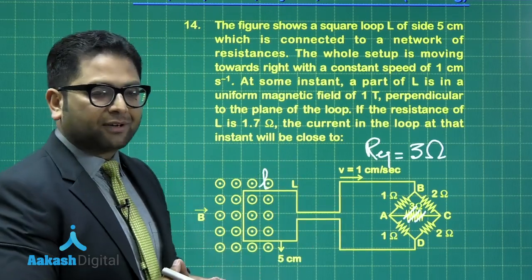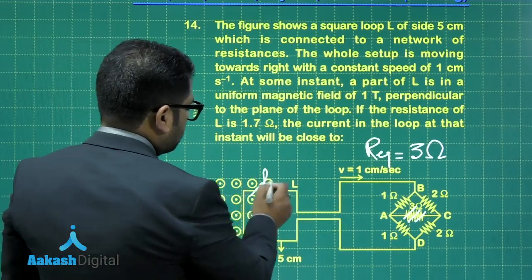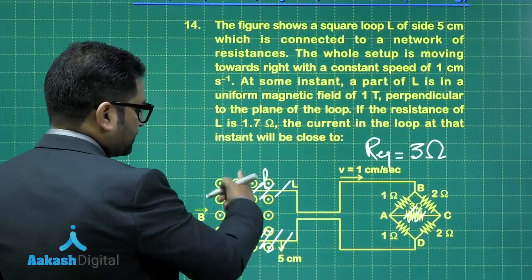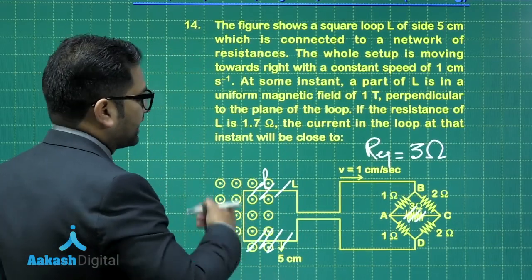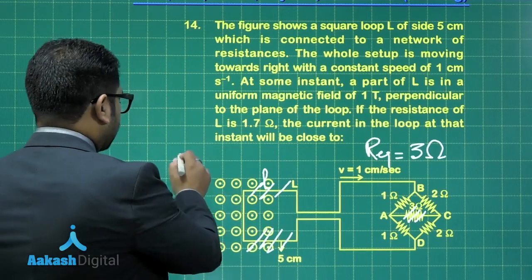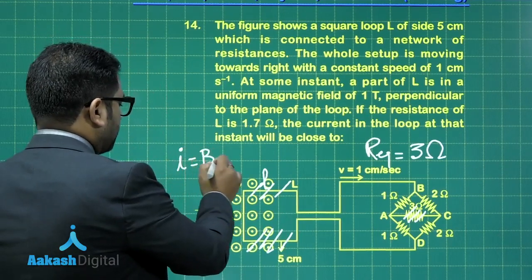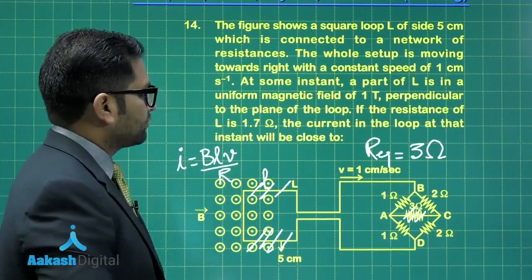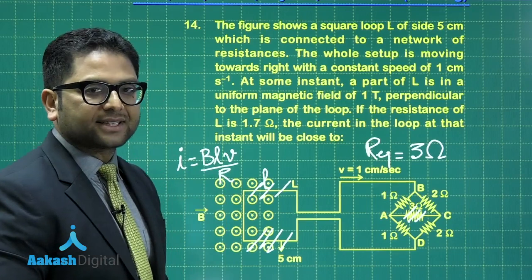And with the concept of motional EMF, this one is not producing any EMF, neither is this. It's only this which is producing the EMF, and that is BLV, okay? So I can calculate the current, and that will be BLV divided by the net resistance, which is the equivalent resistance.